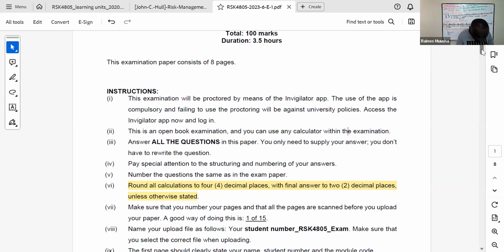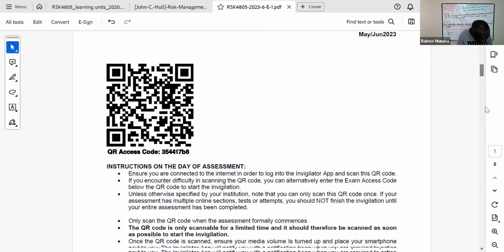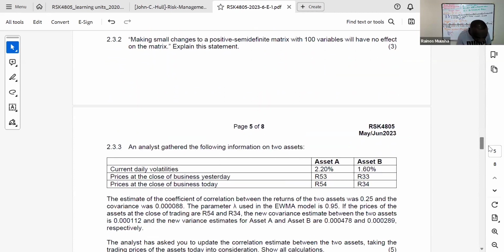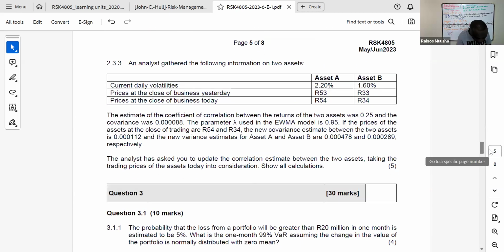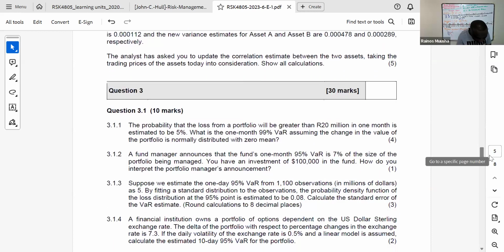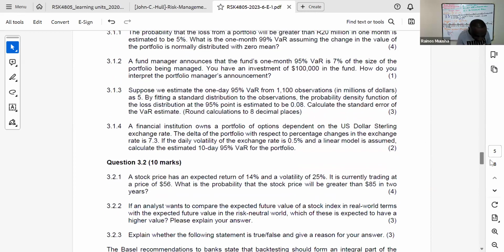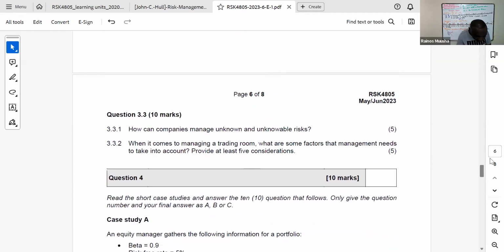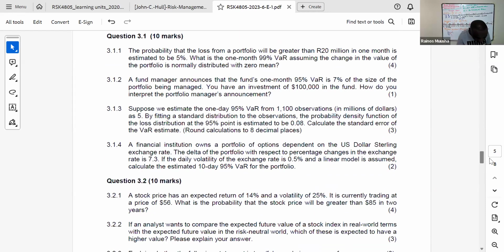As you can see, some questions in the exam will indicate how many decimal places you should round off your answers to. Just trying to look for an example of a question where the in-between calculations, they'll tell you exactly how many decimal places you should round them off to.